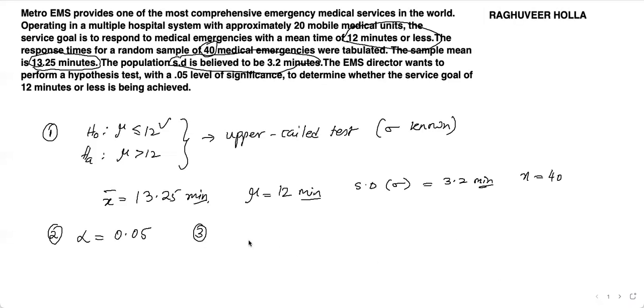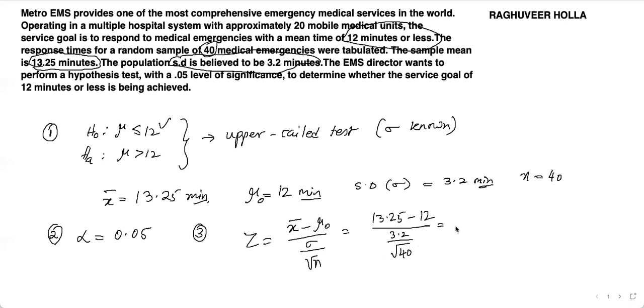So z is equal to X bar minus mu naught by sigma by root n. Okay, let us compute it. So 13.25 minus 12 divided by 3.2 divided by root 40.